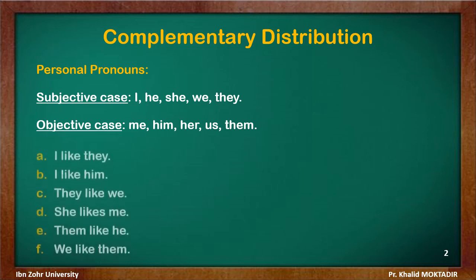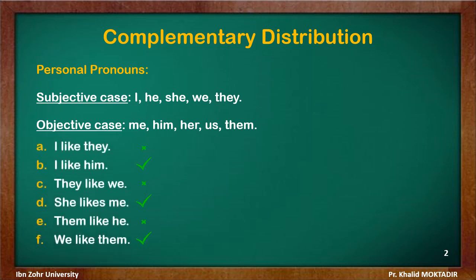What makes sentences A, C, and E ungrammatical while B, D, and F are grammatical? Well, the answer is simple. For each context, its specific form.